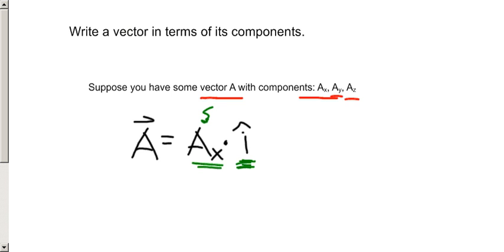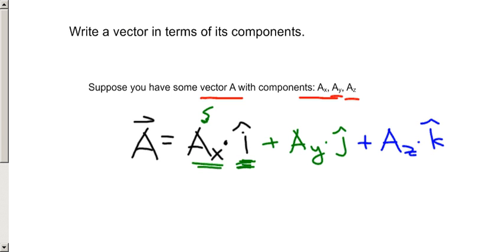Okay, so then plus ay, which is the magnitude of the vector in the y direction, multiplied by its direction, not k, j. And lastly, we're going to add it to az, which is the magnitude in the z direction, and then we need to give that the direction, so k hat.